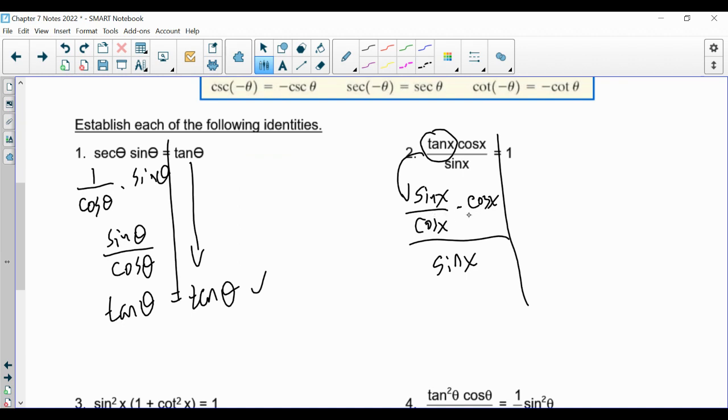Sine of x over cosine x times cosine x is really cosine x over 1, the cosines just cancel, and then you get sine of x over 1, which is just sine of x on the top, and your denominator hasn't changed. Then you have sine of x over sine of x, which do indeed cancel, and you get 1. And that works.